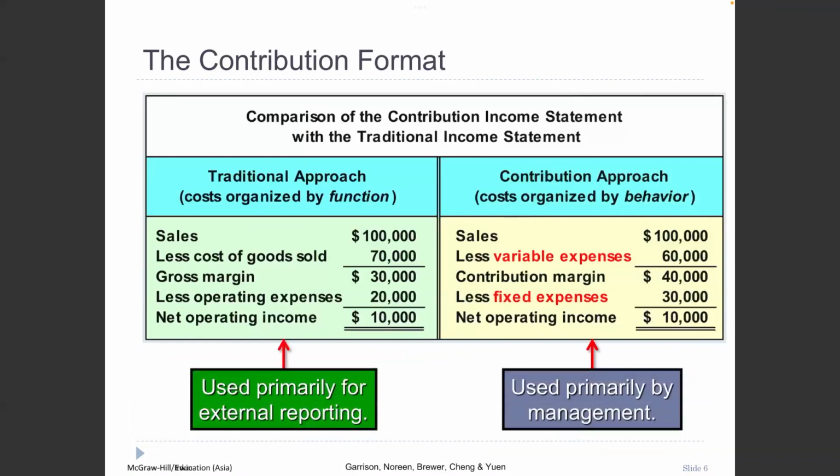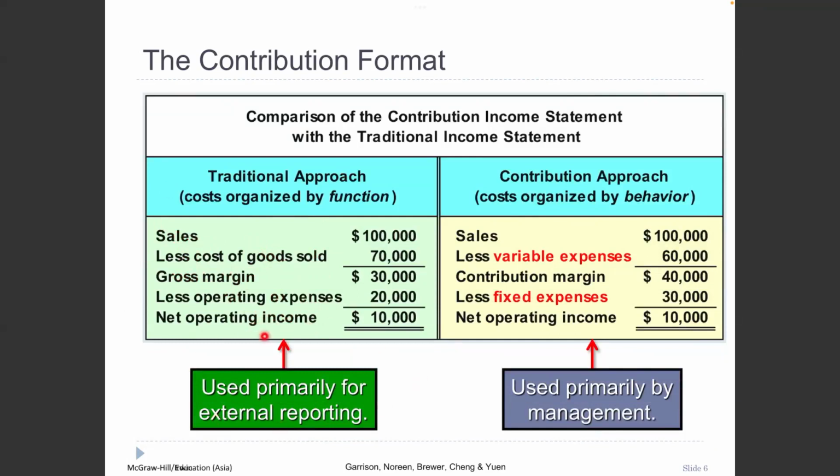The traditional approach here is on the left side, which is sales minus the cost of goods sold. This is for merchandising companies, but what we learned before is for the service company. In the merchandising traditional approach, it is sales minus cost of goods sold, and then you get gross margin, and then you minus your expenses, then you get net operating income.